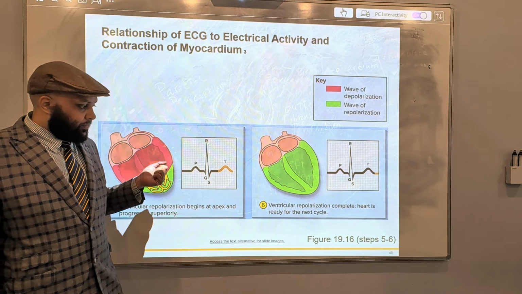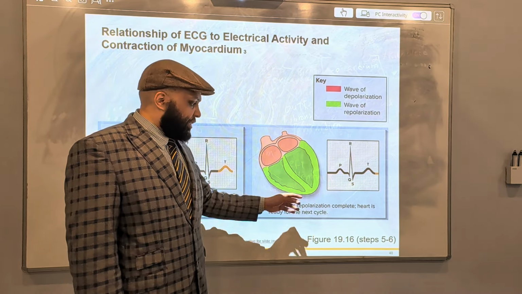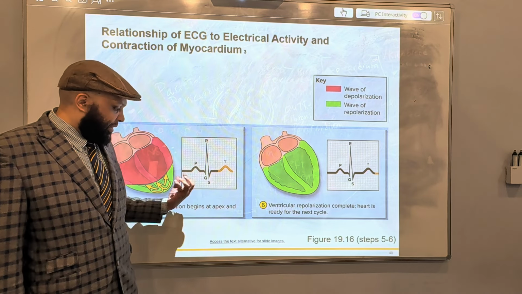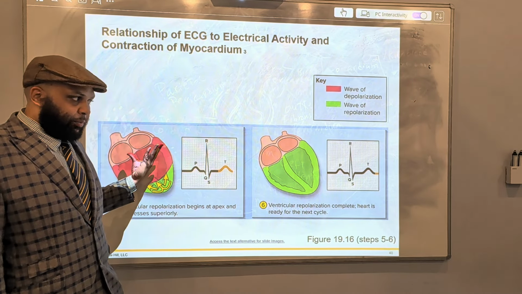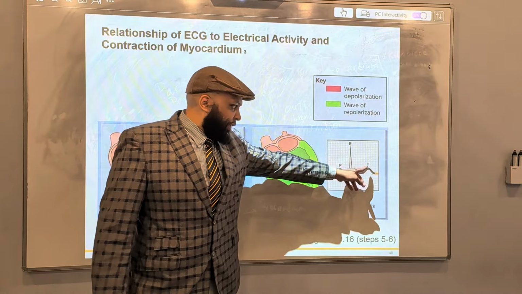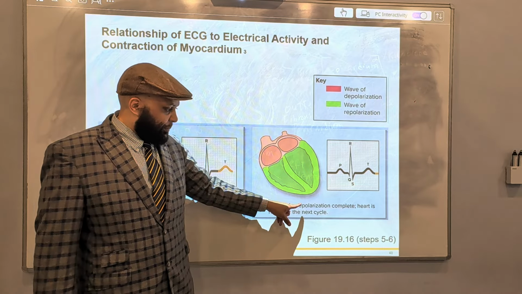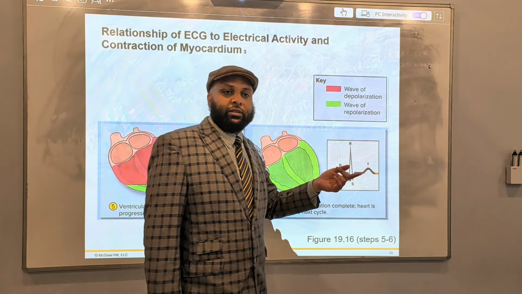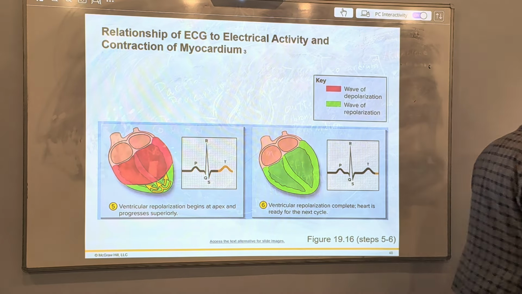Okay? Ventricular repolarization is now complete. When we finish the T wave, ventricular repolarization is complete, and then the heart is ready for a new cycle that begins from the atria at the top.